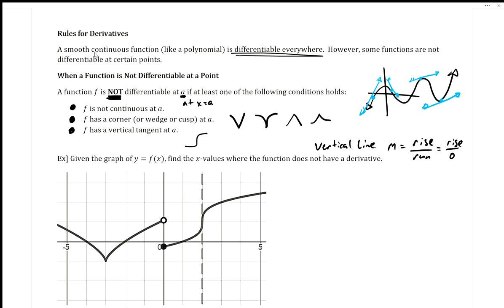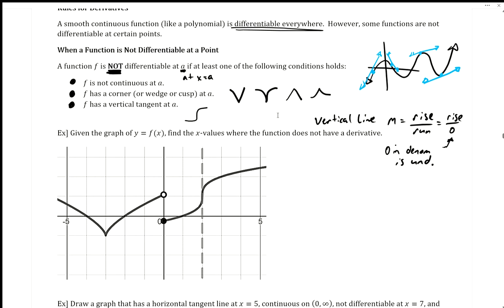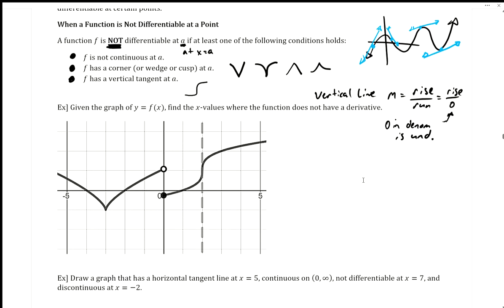If it's vertical, it's not going left or right at all. And we have to remember that 0 in a denominator is undefined. That's why we wouldn't have a derivative there. Once we have these rules and these three points known, it's often pretty easy to figure out where a function would not have a derivative.